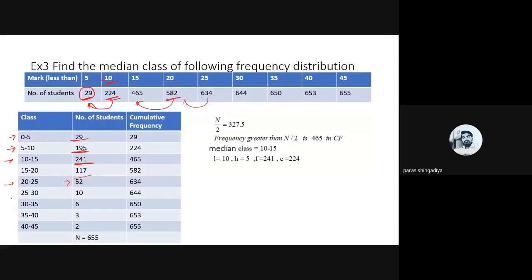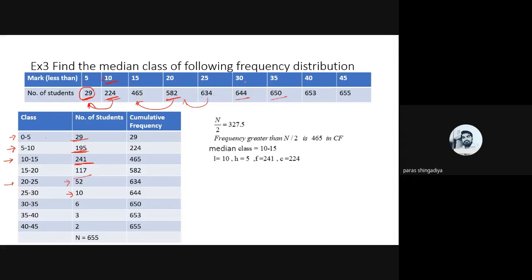And then 25 to 30. 644 minus 634, that is equal to 10. Clear? And then 30 to 35. Up to 30, 644 students are there, and up to 35, 650 students are there.